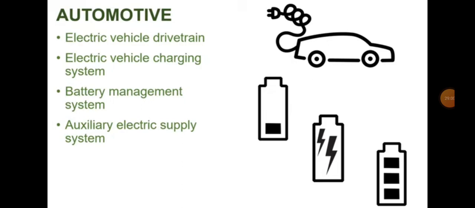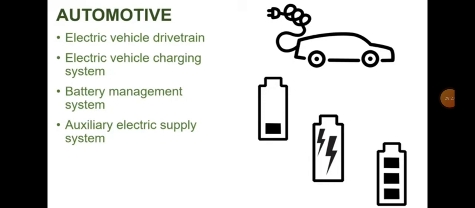A very important feature in electric vehicle, which is regenerative braking, is made possible because of the power electronic converters. When the electric vehicle is running, the battery is managed with the battery management system, which also consists of power electronic converters.